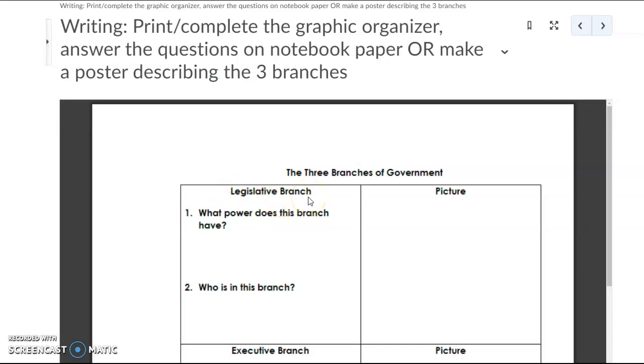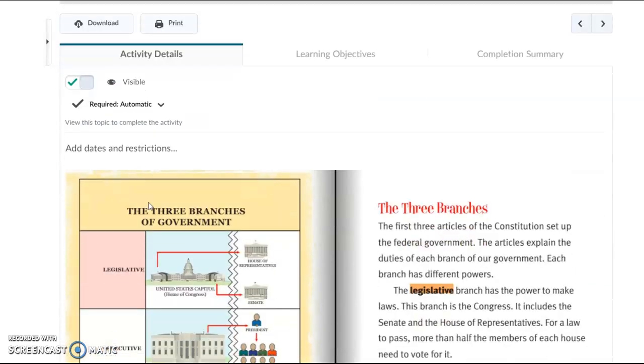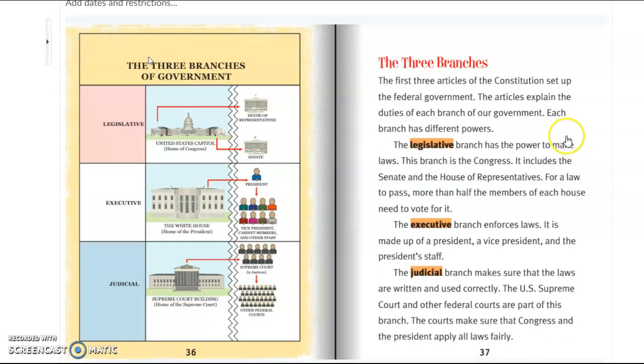So, if it's asking me about the legislative branch, I'm going to go back to my passage and look. Where did my passage talk about the legislative branch? Oh, it's right here. This first paragraph talks about the legislative branch. So that means right here is where I'm going to find my answer to my questions.